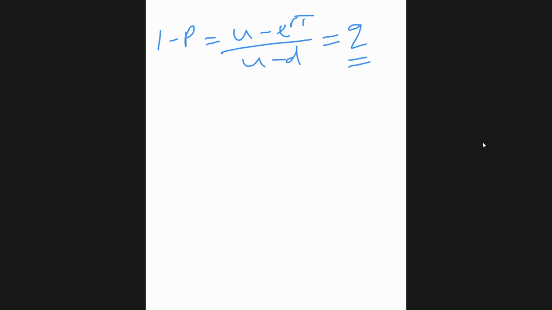So we have P, then Q. This approach I have adopted, we use it to compute the risk neutral probability P. Of course, once you have P, getting the other, 1 minus P, is not difficult.